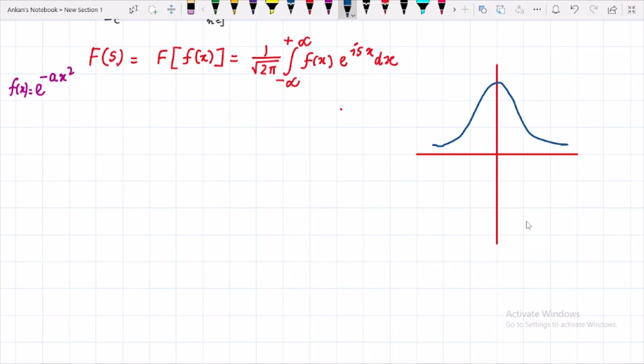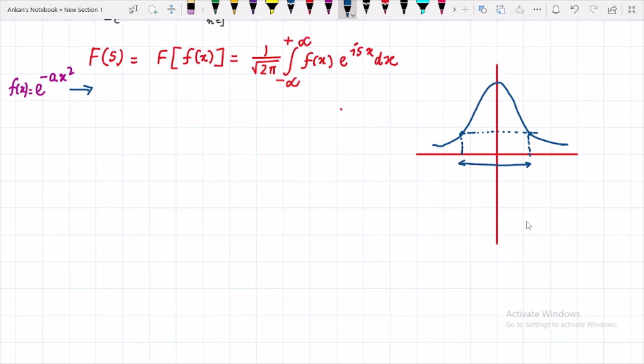This is the half power frequency, or this projection gives the bandwidth of the Gaussian function, which is known as the full width half maxima. These are the half maxima points, and this range gives the full width half maxima. So you have to find out the Fourier transformation of this.